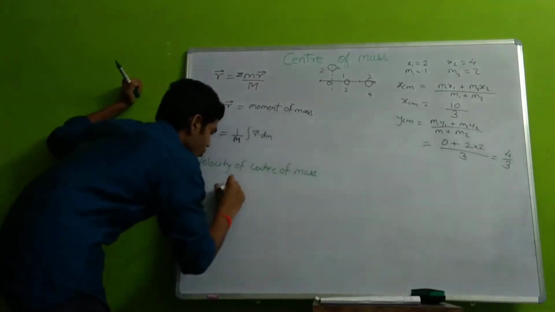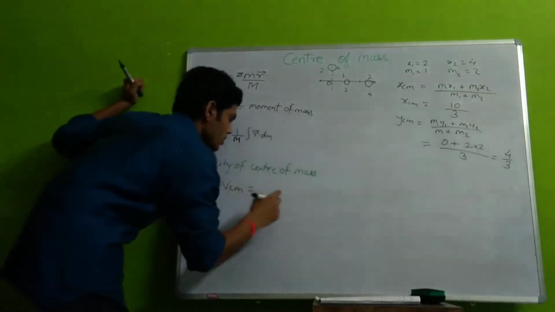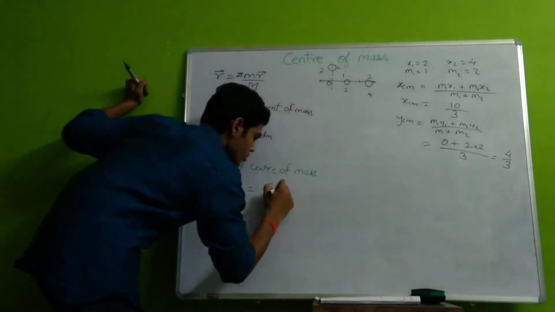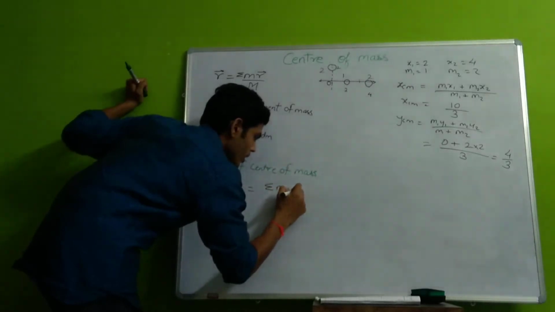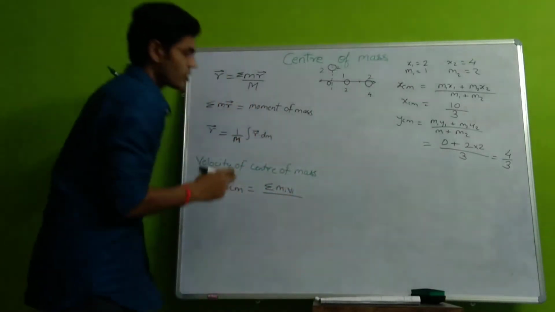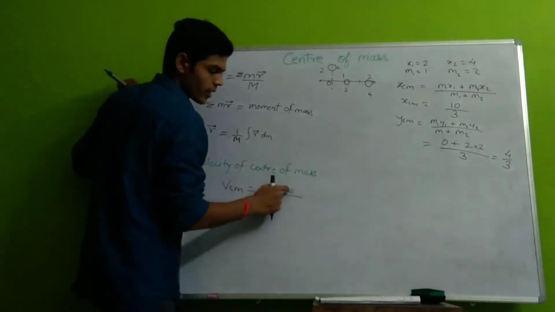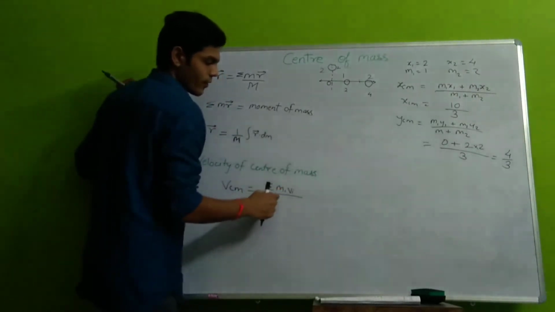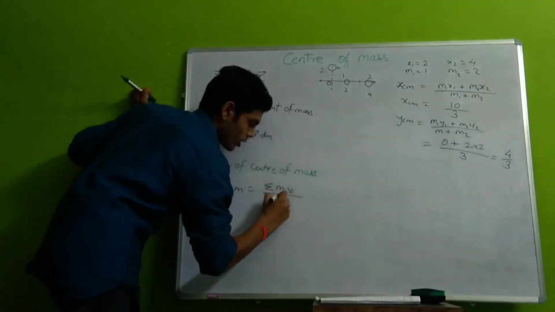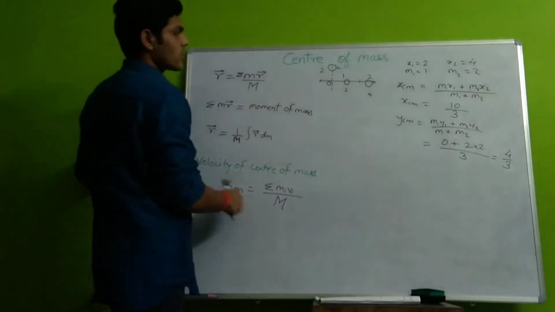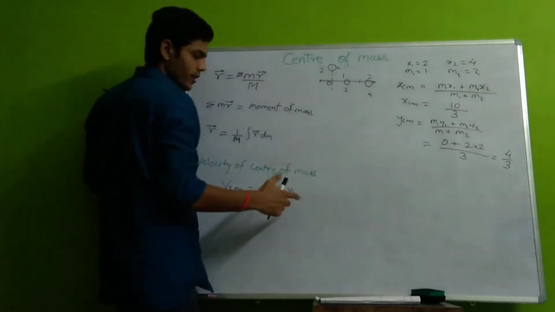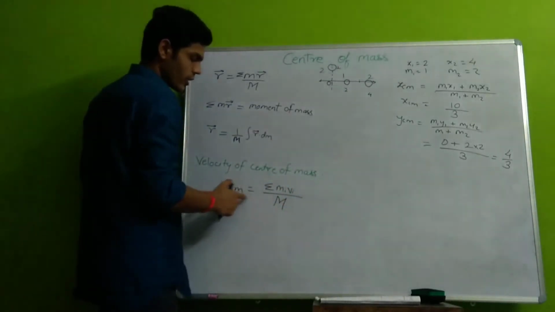We define the velocity of the center of mass as the summation of m_i v_i, that is, the summation of the product of mass and its velocity, divided by the total mass of the system. Just like finding the location of the center of mass, we find the velocity of the center of mass.